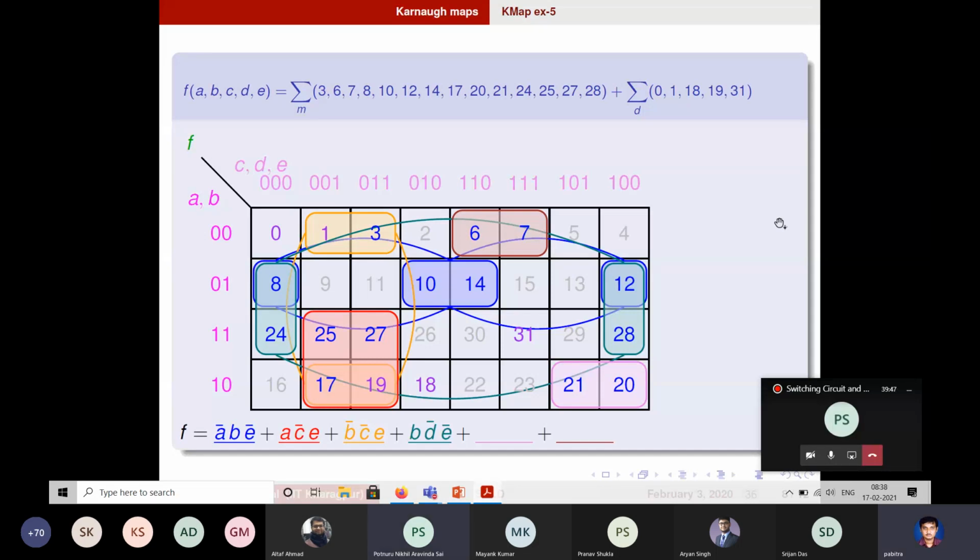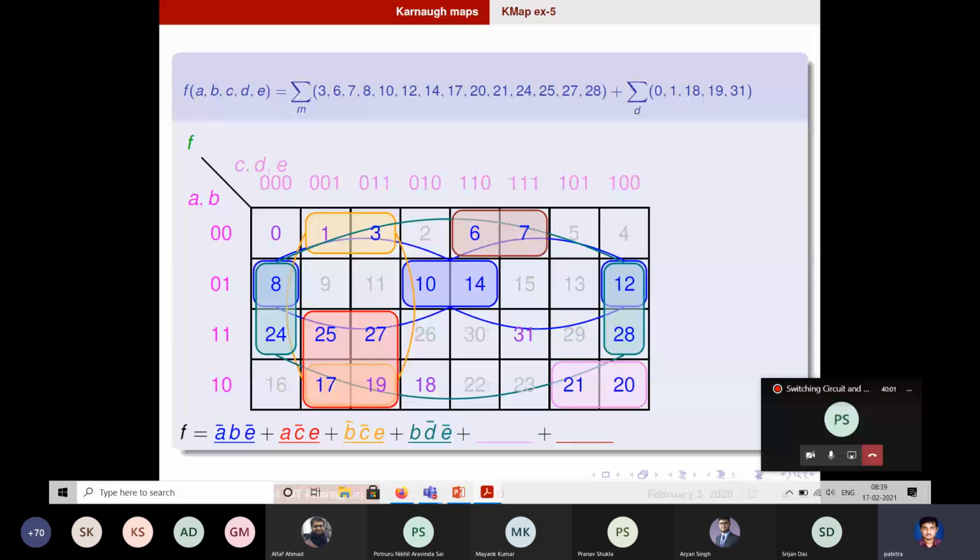A, B bar, C, D bar. And the last one, this 6 and 7: A bar, B bar, C. Very good. So this is how you should do it.